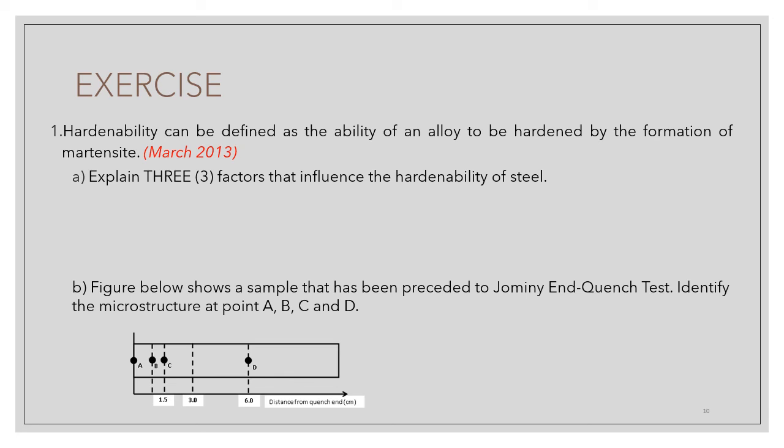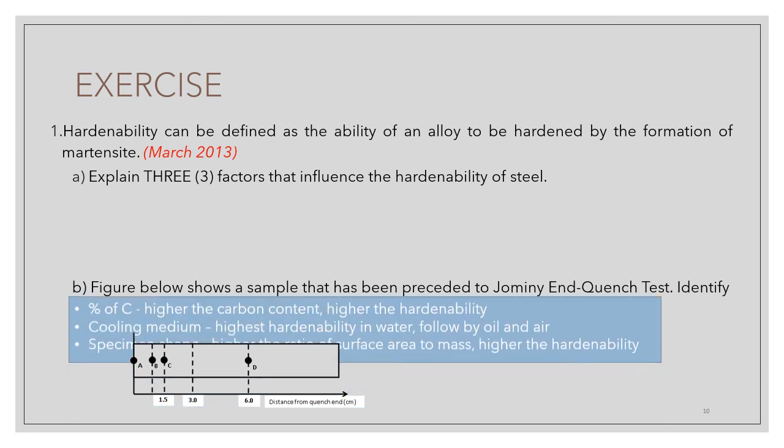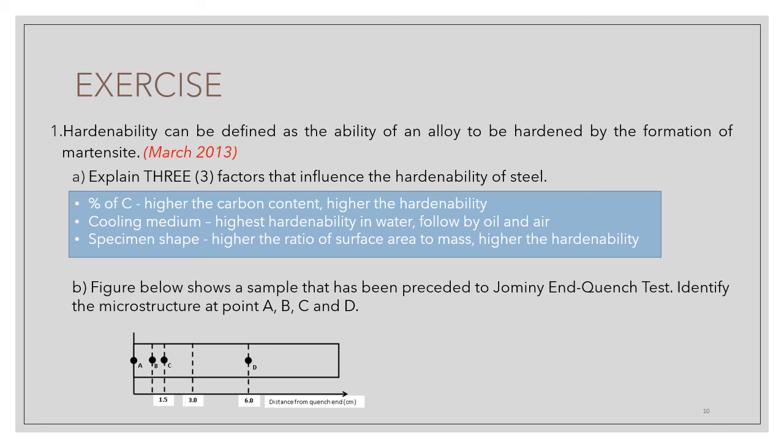Okay, let us take a look at the exercise. Hardenability can be defined as the ability of an alloy to be hardened by the formation of martensite. Explain 3 factors that can influence the hardenability of steel. Generally, we know about the quenching medium and the cooling rate, and the other two are the amount of carbon and elements.